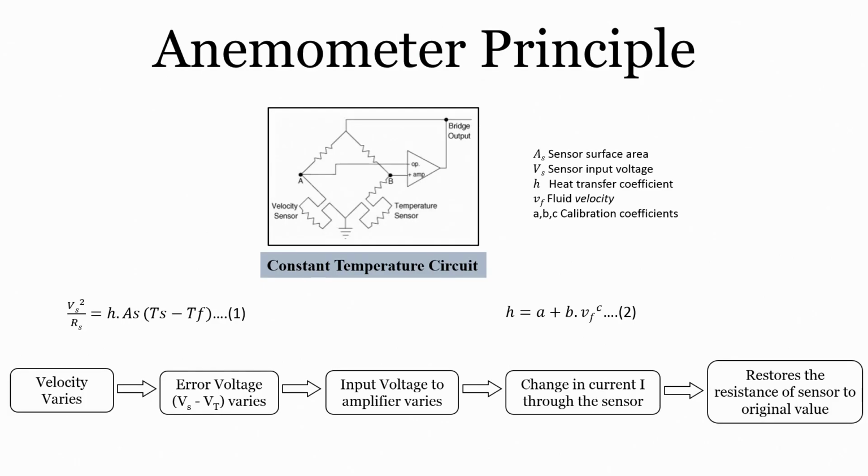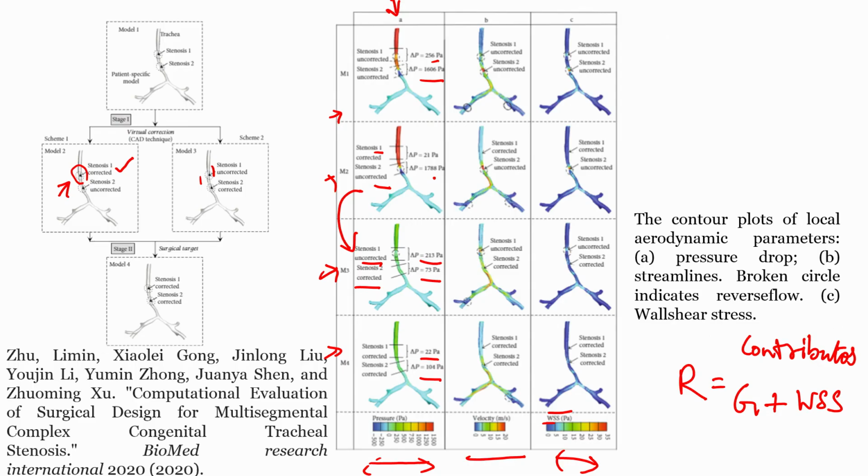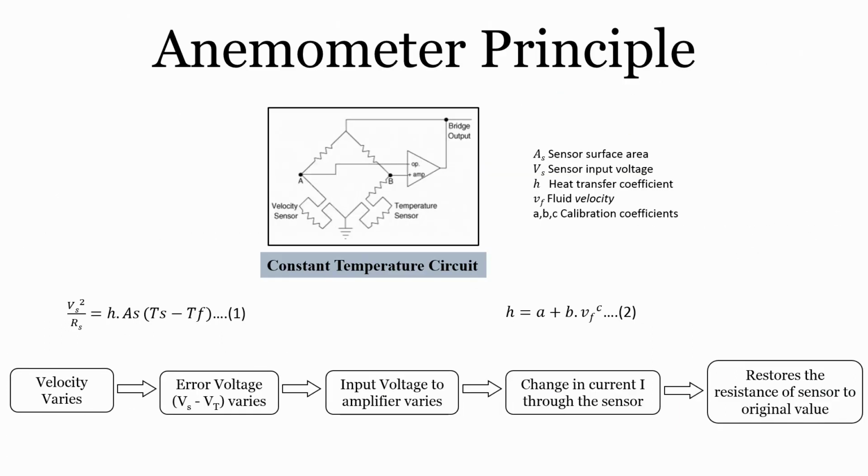Now, these were the two studies based on computational fluid dynamics, just to estimate how the velocity or the pressure drop changes through this medium, that is the tracheobronchial tree. However, there is another method to quantify how the fluid flow, the velocity through the channel, can be determined. This we call the anemometer principle.